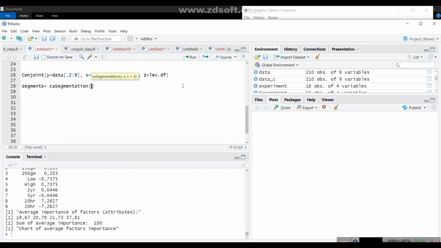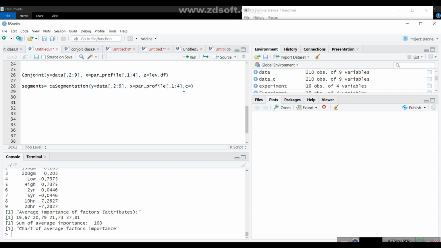The function is segmentation, caSegmentation. It requires again y and x, so I'm giving it y and x, copied from here. The data is the same, so it makes no difference. And now I have to give it the number of clusters I'm looking for. If you are familiar with cluster analysis, we have to define the number of clusters we are looking for.